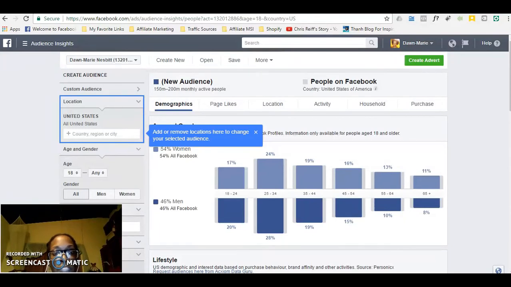So, Facebook created a really useful tool. Not many people use this tool, and not many people know about the tool but do not know how to use the tool.